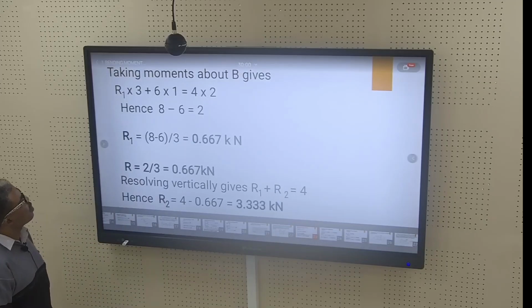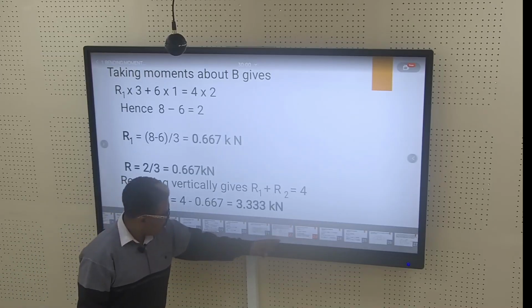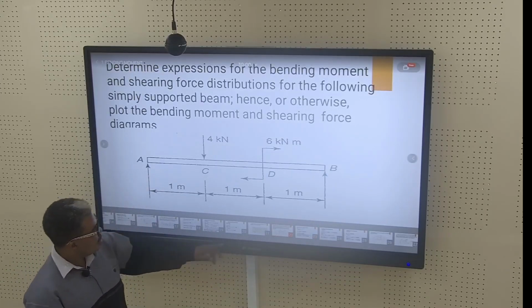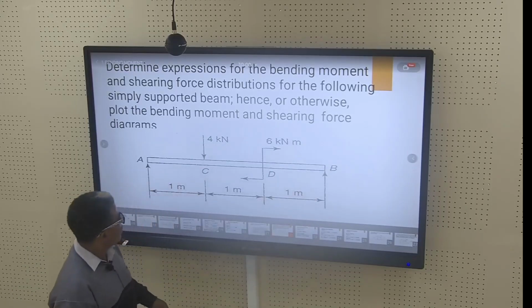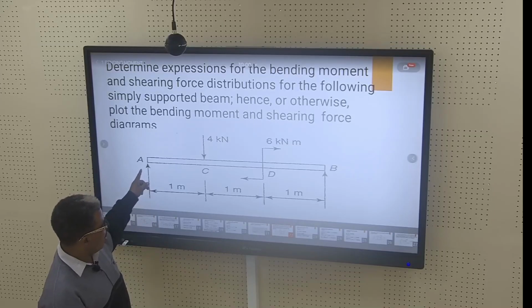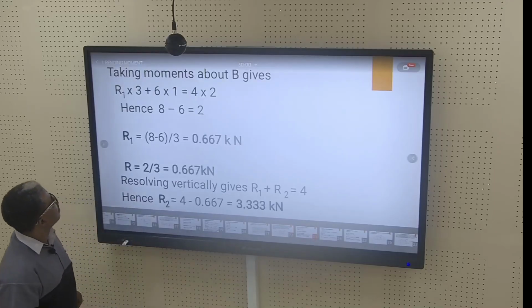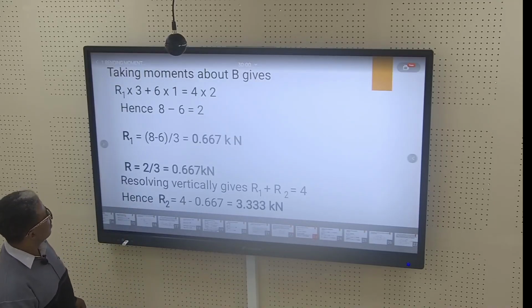Let's work out the reactions. Taking moments about B, standing at B. Where is B? So B is here. Let's see how you can compute reaction A or reaction 1. Taking moment about B gives R1 times 3 plus 6 times 1 is equal to 4 times 2.